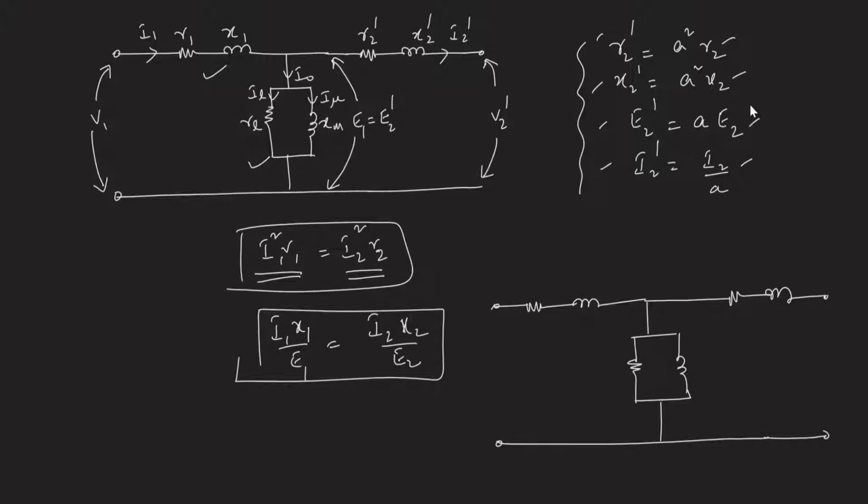Now this voltage will be as it is V2, this current will be as it is I2, this is R2, this is X2.